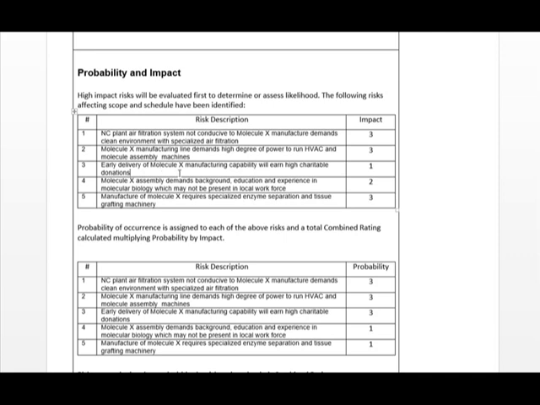So that's a positive risk. It's an example of where we want to exploit the opportunity to deliver early. So what I've done is I've broken out these risks into very specific buckets: the air filtration system, the power to run HVAC in the assembly machines, the experienced workforce, and the enzyme separation.